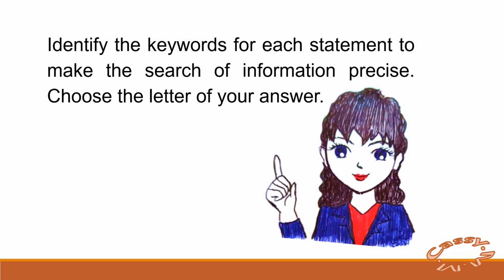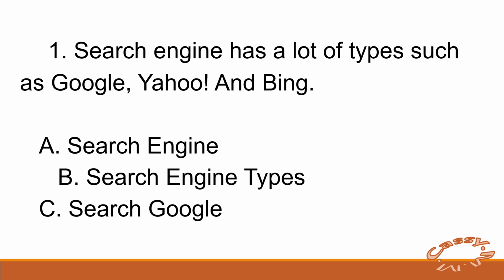Identify the keywords for each statement to make the search of information precise. Choose the letter of your answer. 1. Search engine has a lot of types such as Google, Yahoo, and Bing. A. Search engine. B. Search engine types. C. Search Google. That's right.